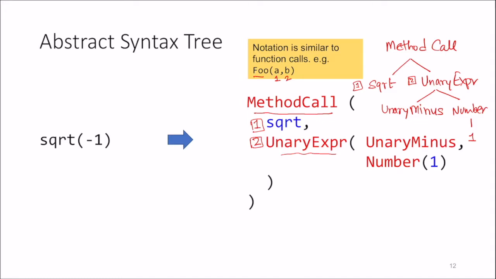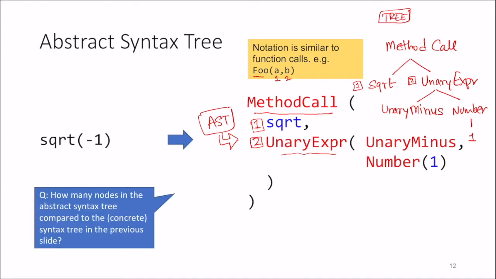So you can either draw it as a tree like this, but what we'll be using is a sort of more conventional way of writing, which is this AST format that's shown over here. Right. So that's what an abstract syntax tree looks like.